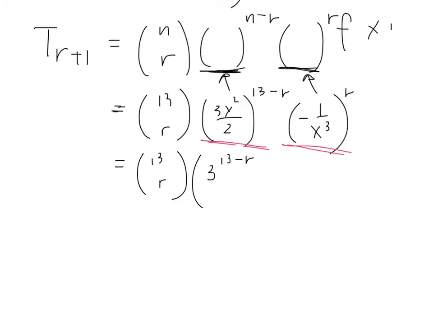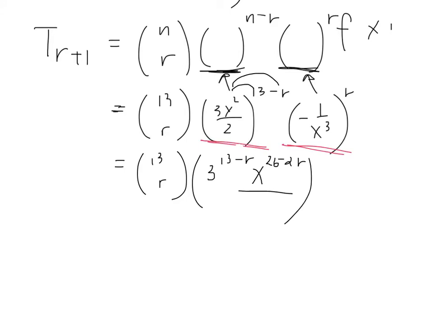Do you understand? The 3 will have the exponent 13 minus r. The x squared will become x to the 26 minus 2r, because the exponent is multiplied by the power: 2 times 13 is 26, 2 times r is 2r.